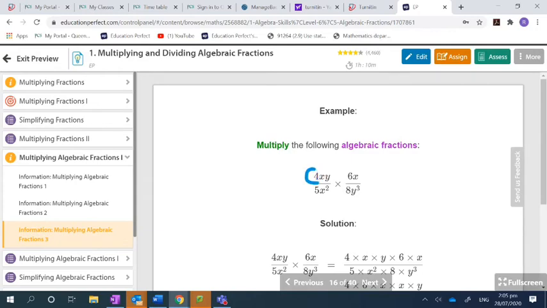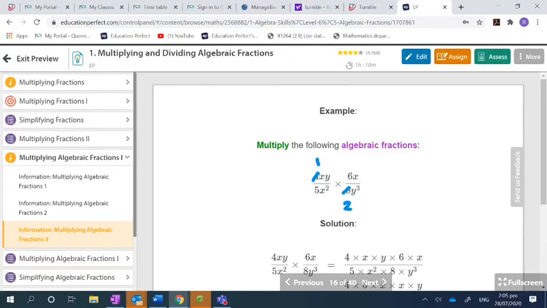Is there a 4 or anything that will divide by 4 in the bottom? Yes, 8. Both divide by 4. 4 divided by itself leaves 1. 8 divided by 4 leaves 2. It's dividing by a common factor.